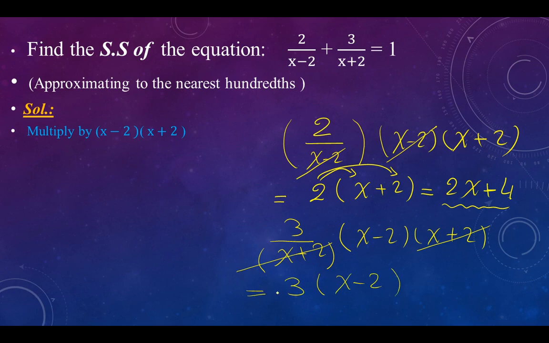We distribute 3 over the two terms of the bracket. 3 times x equals 3x, and 3 times negative 2 equals negative 6. So now we have 2x plus 4 plus 3x minus 6. Then we multiply 1 by x minus 2 and x plus 2.